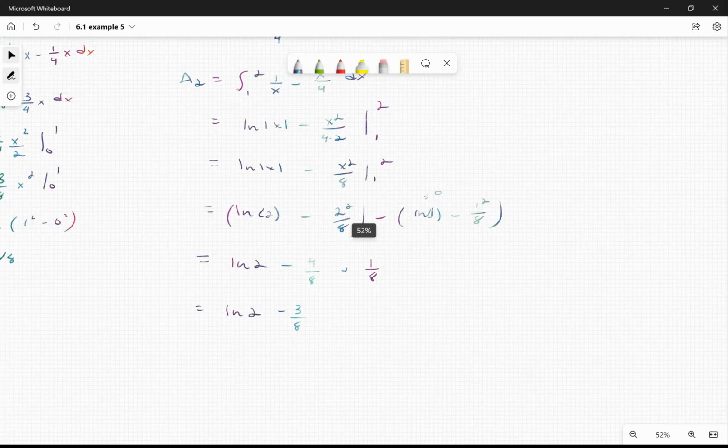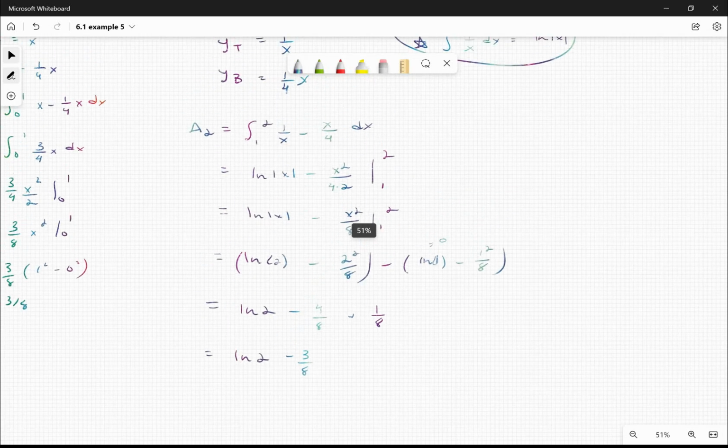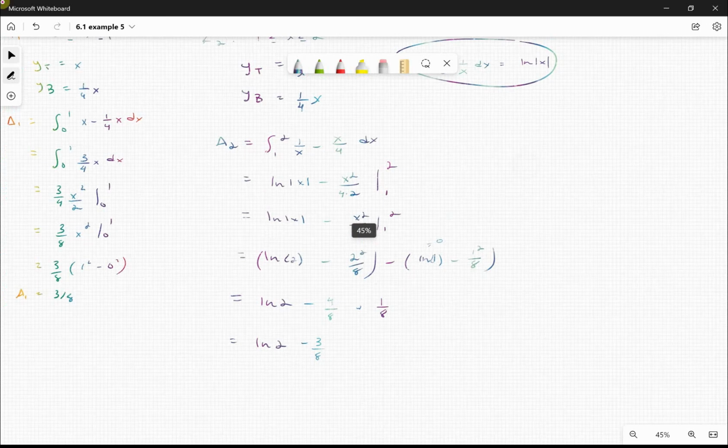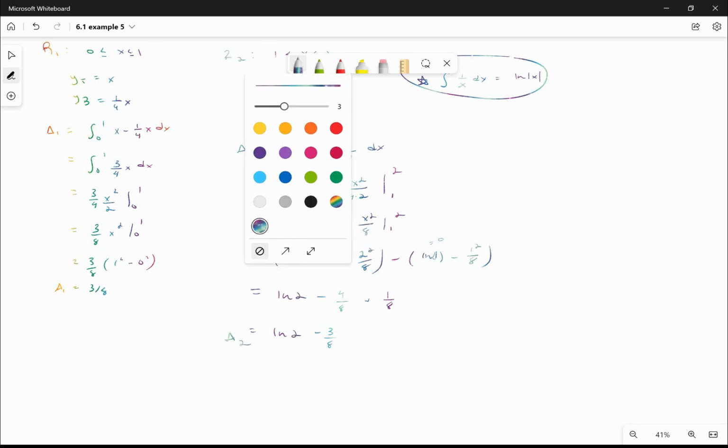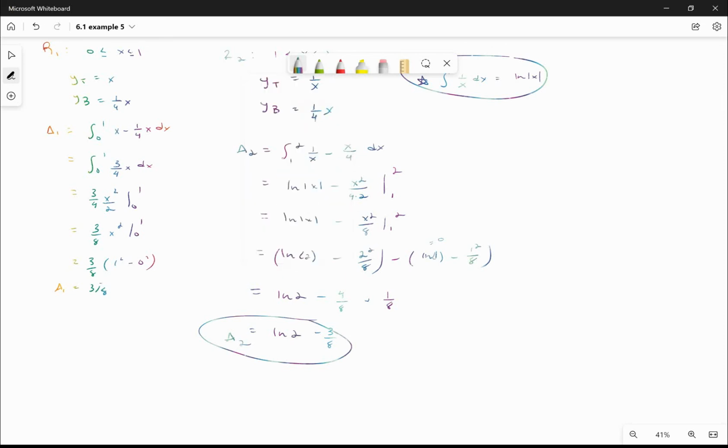And so that's our area of the second region, and this is our area of the first region.